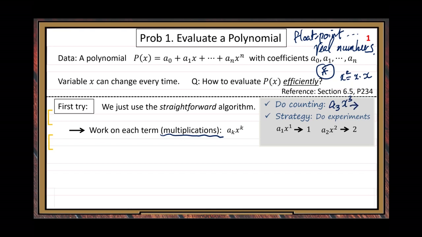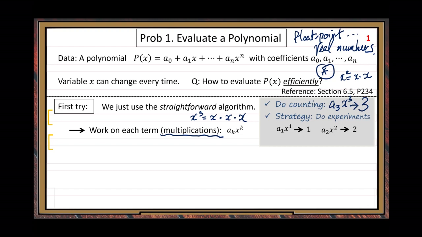First, to get x cubed, we do x times x times x, 2 multiplications, right? Then we multiply by the coefficient a3, so total 3 multiplications. So for k equals 3, the answer is 3.